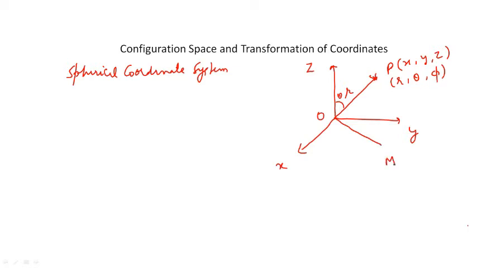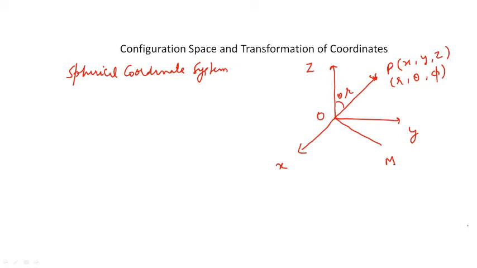Now if you see here that your OP is equal to r, then it will have a component along the z-axis that will be equal to r cos theta.